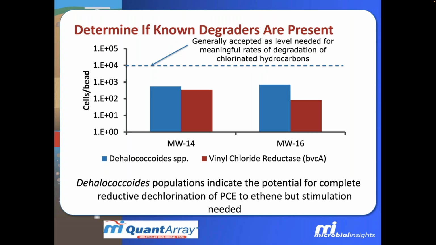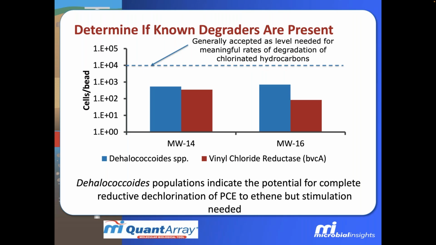So if I was looking at data like this from a site, I would ask myself questions like, is reductive dechlorination possible? Well, certainly it is. You've already got a pretty healthy concentration of active Dehalococcoides, but we're not quite at the levels required to get those rates to the point of being useful in the remediation of that site.